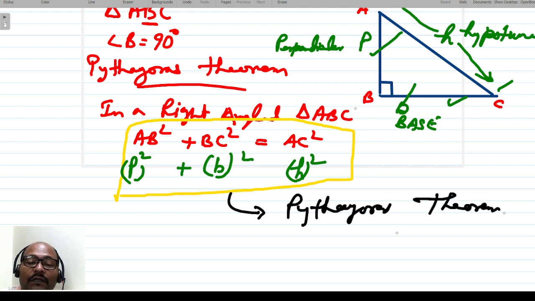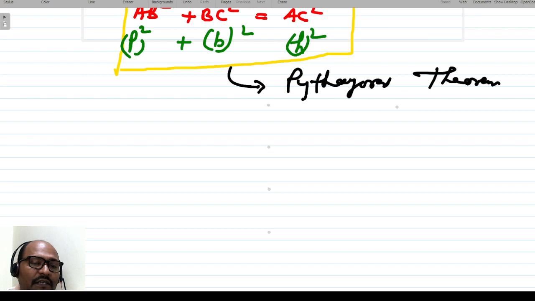Now after this, we will discuss the concept of sine, cos and tan. What is sine, what is cos, what is tan? Okay.